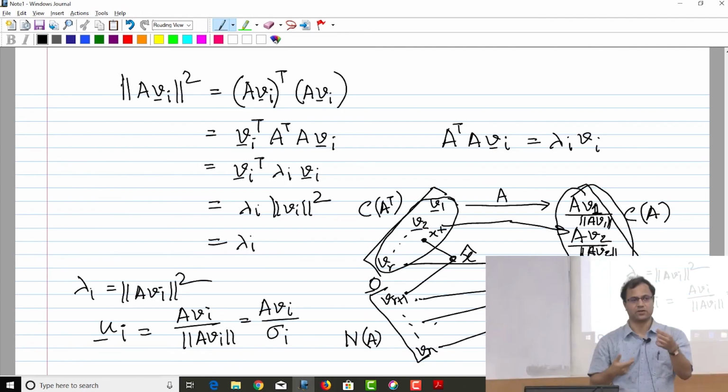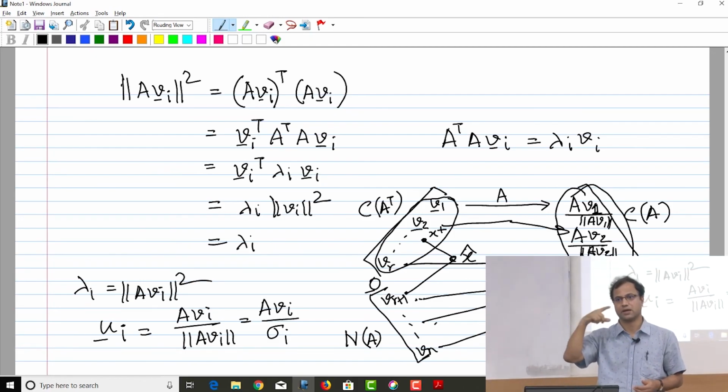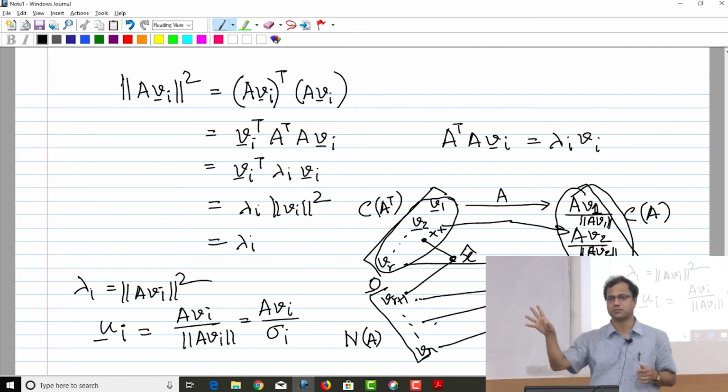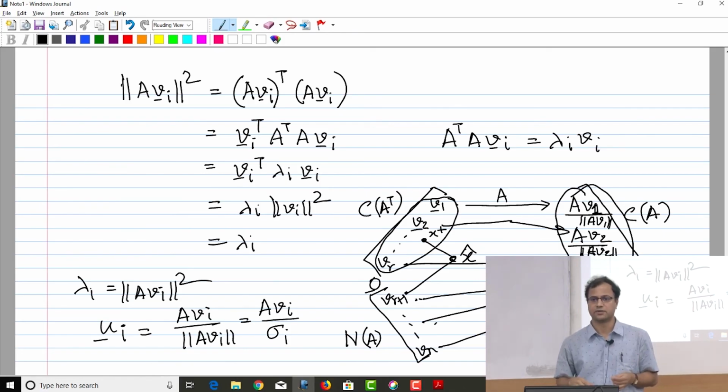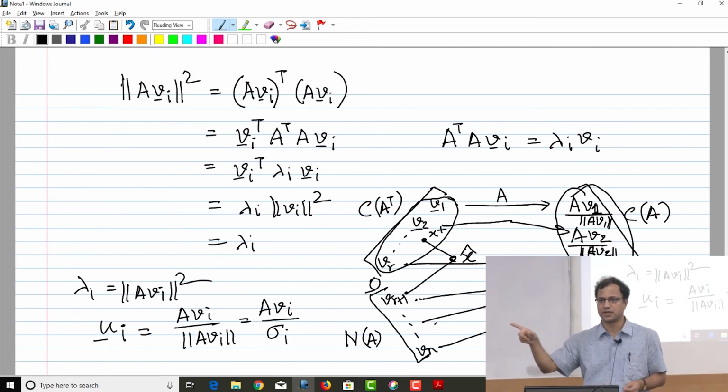So that will be your solution of that system A transpose A into X equal to A transpose B. Okay. We haven't directly shown that picture here. There is another picture which comes for that particular system.